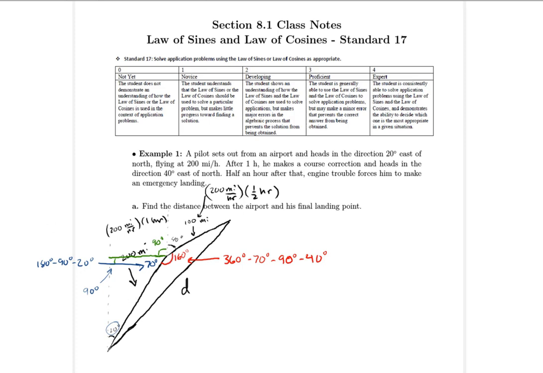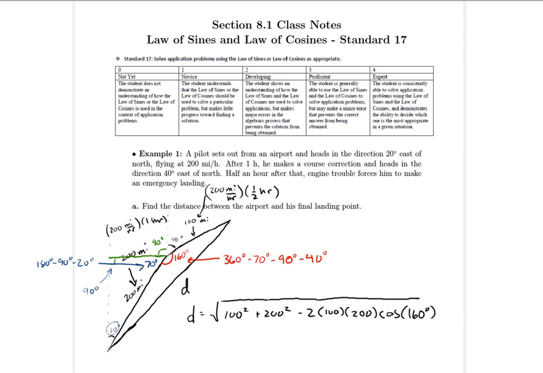Let me rewrite it here, 200 miles. So I know that D is going to be equal to the square root of the two sides squared, so 100 squared plus 200 squared, then minus 2 times those sides multiplied together times the cosine of the angle that's between them, 160 degrees.